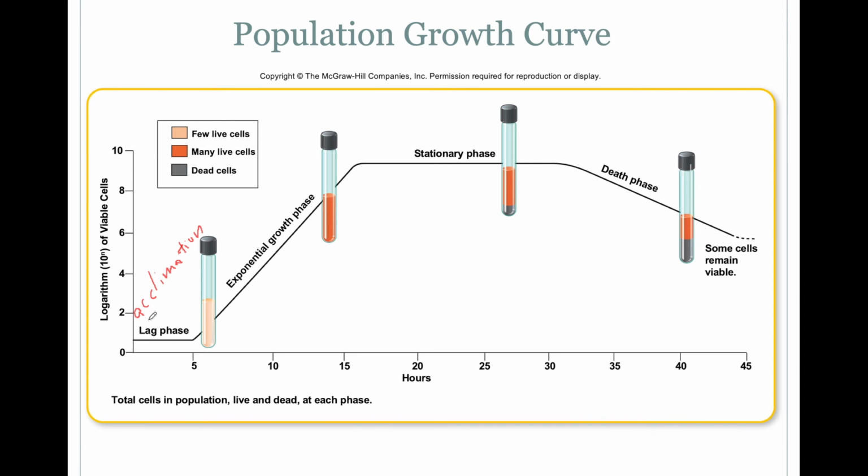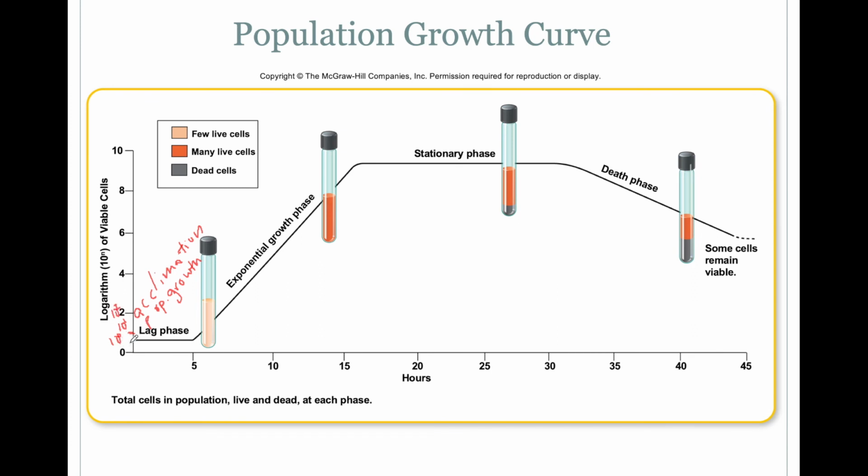There is population growth, but it's below a detectable threshold, right? Because again, we're working now in log scale, and this is base 10. So for example, this might be 1 here. So 10 to the 0, 10 to the 1, 10 to the 2, right?